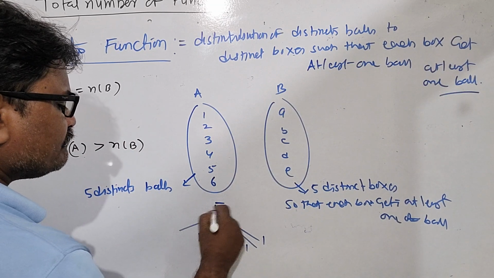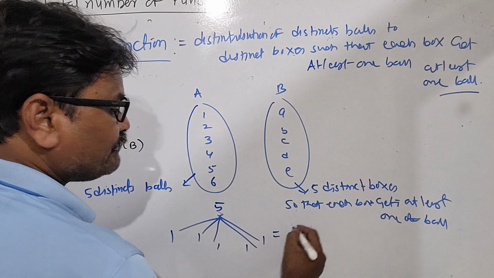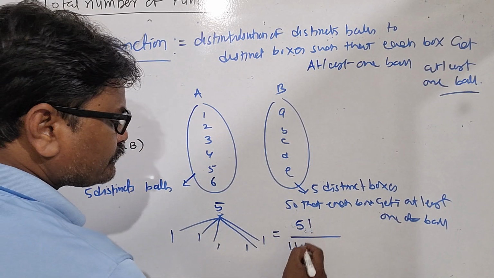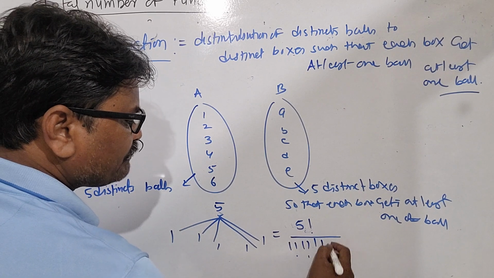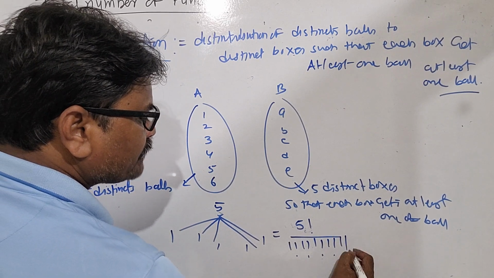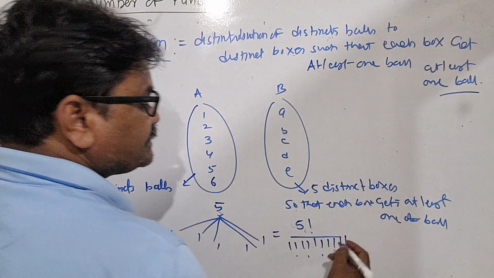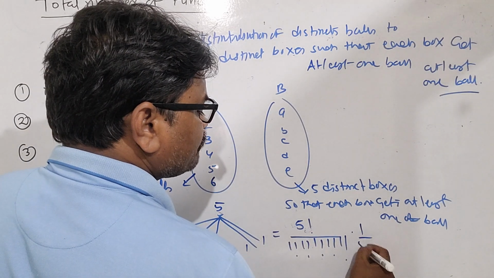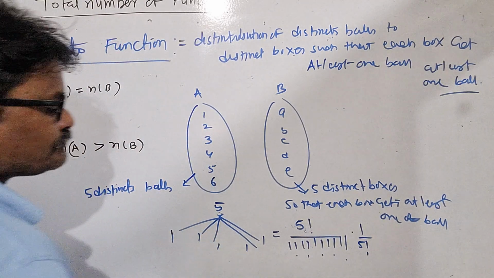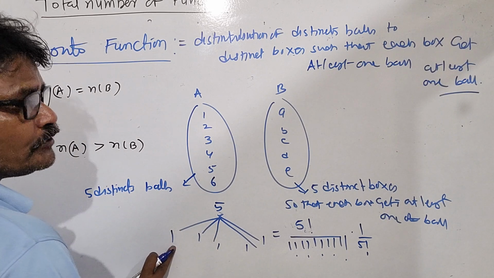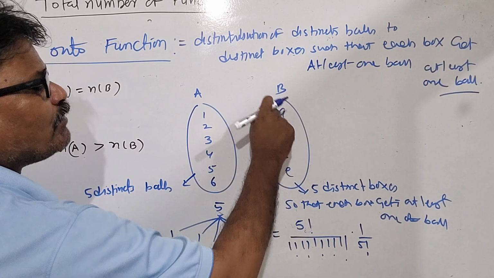So here 5, so therefore the number of ways, 5 means 5 factorial over 1 factorial, 1 factorial, 1 factorial, 1 factorial, 1 factorial. How many times 1 has occurred? 5 times. So therefore multiplied by 1 by 5 factorial. And we have to make the distribution so that this particular ball can go to any one of the boxes, okay?